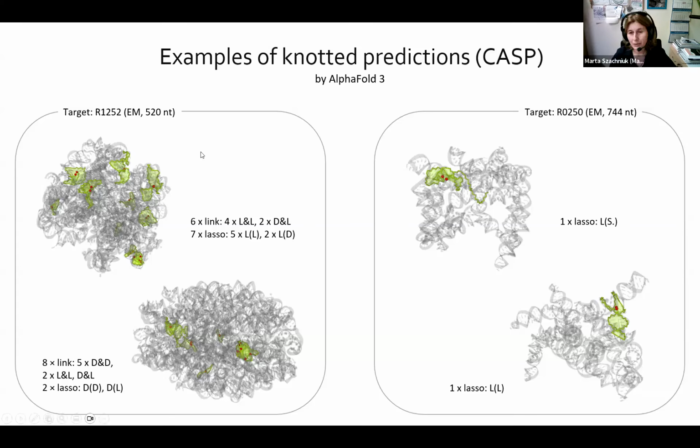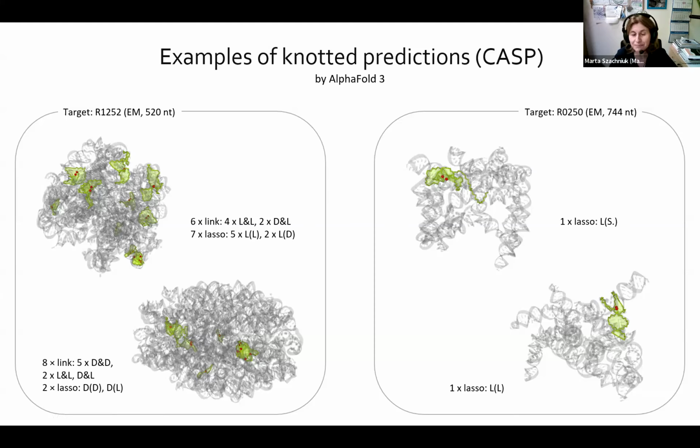Although there is no direct relationship between entanglements and the size of a structure. So you can see that we can have quite a large structure, like for example the structure on the right side with over 700 nucleotides and having just one lasso.